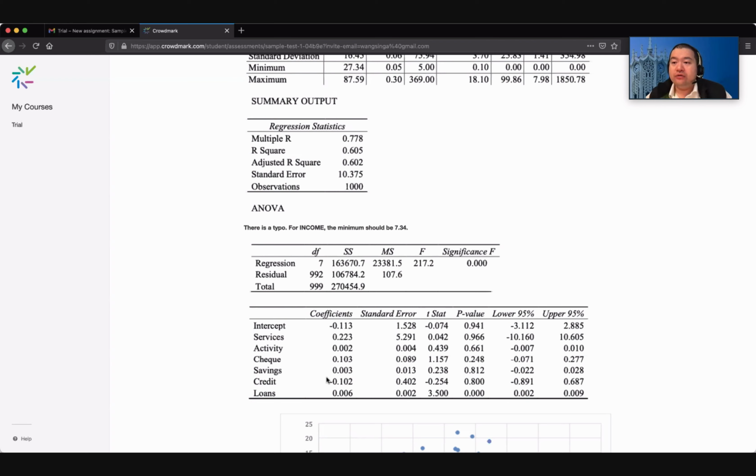When they are all equal to zero, there is no model, only one item left, the intercept, right? So this model is totally rubbish.